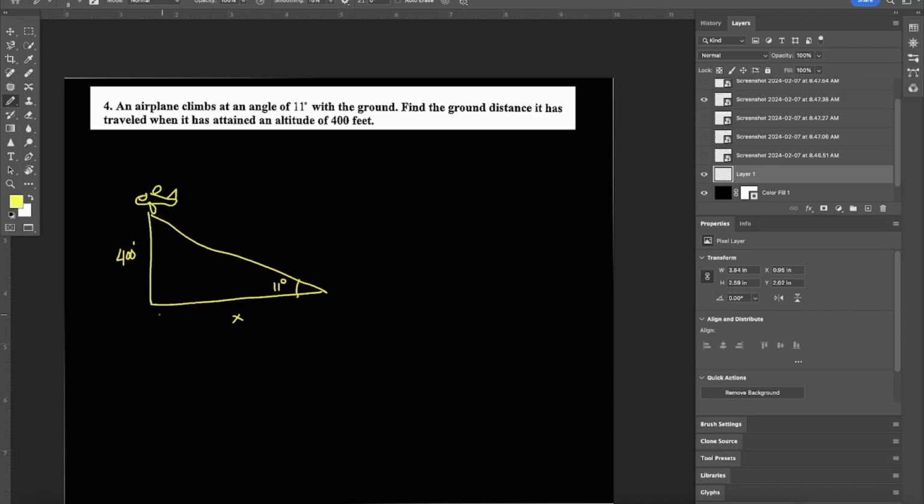So anyway, let's solve. Let's take a look at our solution. So this is our angle. Our angle is 11 degrees. The adjacent side is what is being asked. Let's call that x. And our opposite side is equal to 400 feet.